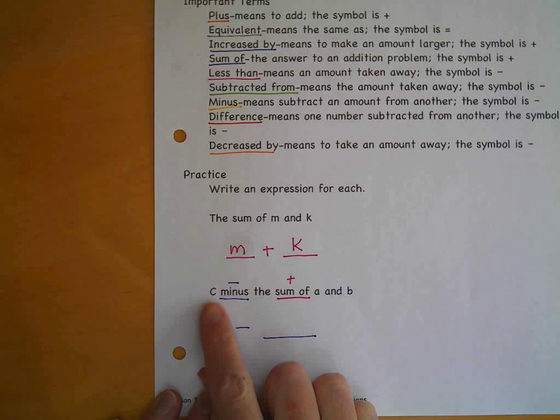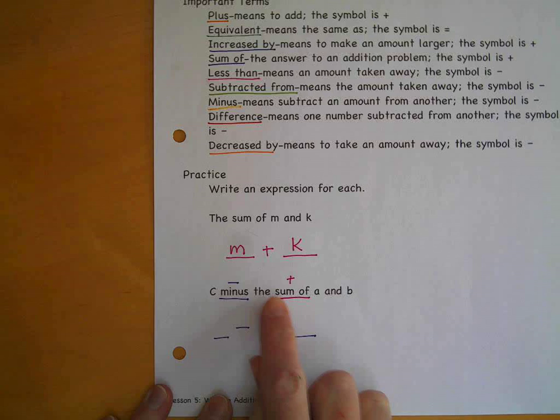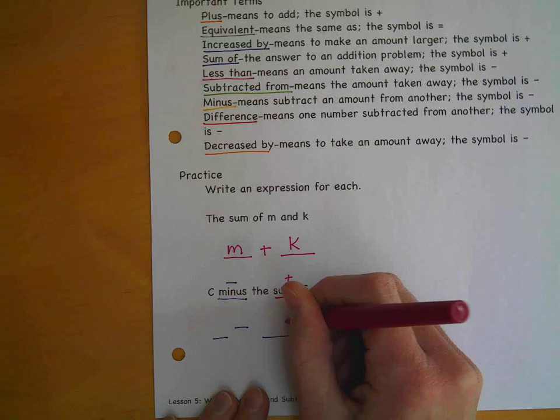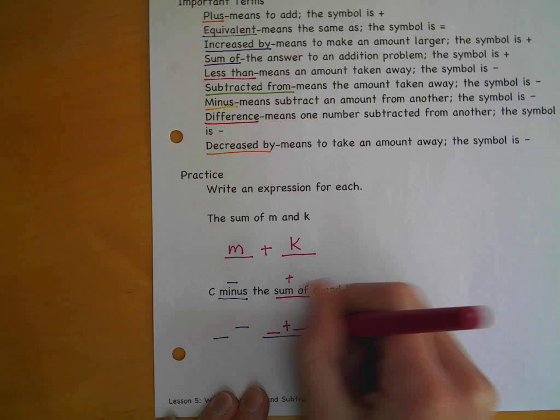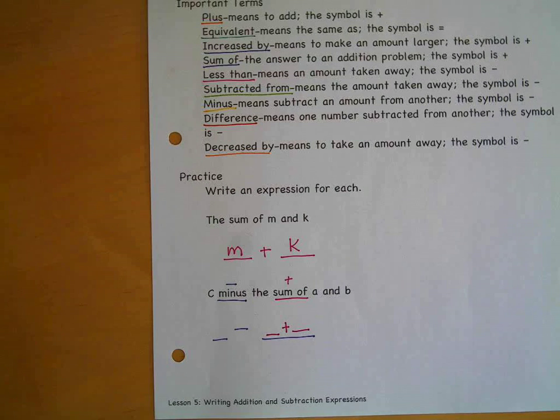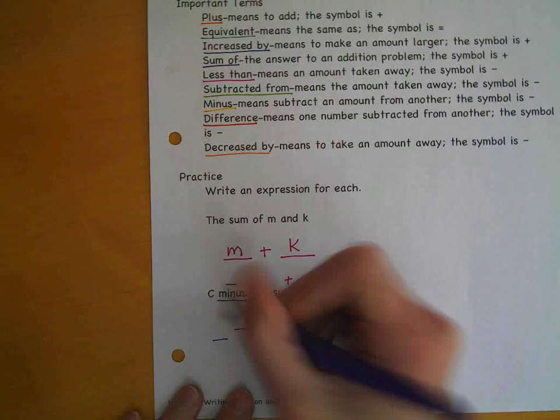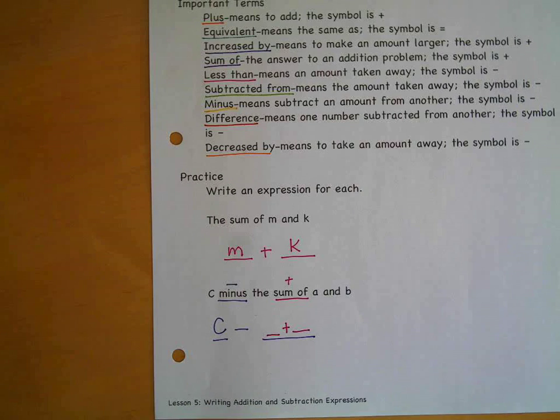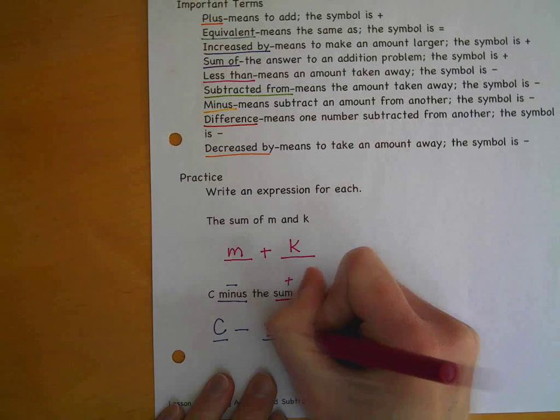And then I'm going to fill in what I know. It says c minus the sum of a and b. So I actually know that I'm going to have this right here, okay? And now we're going to fill it in. So c minus the sum of a and b.